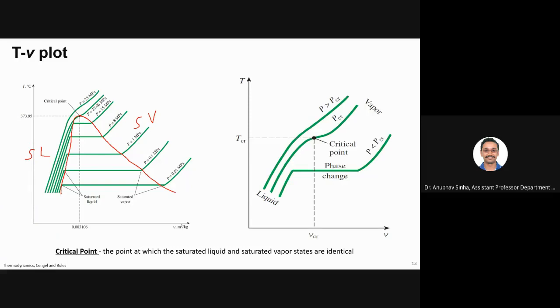Inside this curve is called a vapor dome. I've not drawn it very nicely, but this is how it looks. Inside this, we have a mixture of liquid plus vapor. Here is where you see the phase change. Then you have liquid on the left side, basically saturated liquid, and vapor here or superheated vapor here.